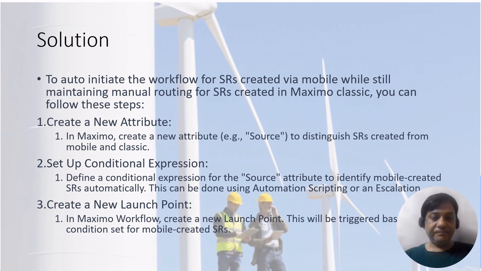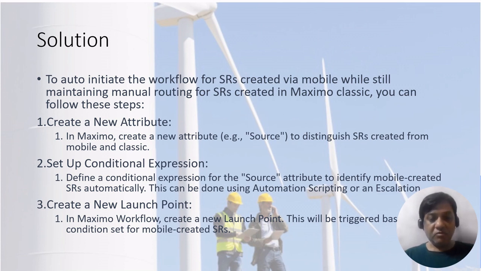Moving ahead. To auto initiate the workflow for SRs created via mobile, while still maintaining the manual routing for SRs created in Maximo Classic, you can follow these steps. The first one is to create a new attribute.